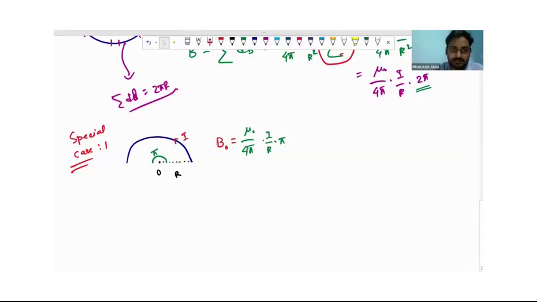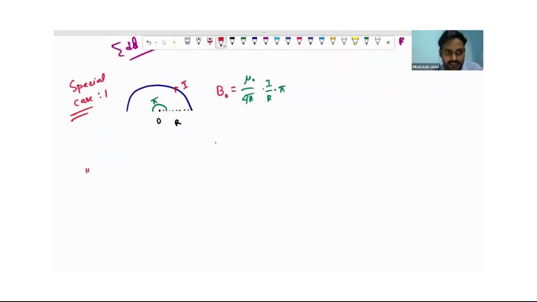Suppose case 2, now my current carrying conductor is not a full semicircle, it is some circular arc. The center is here, and the radius is this one. What is the angle subtended?